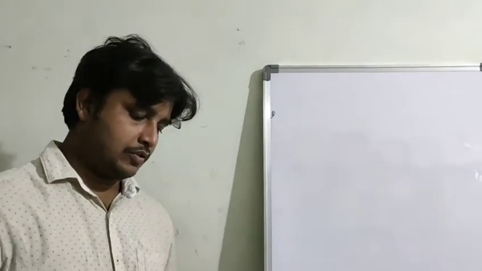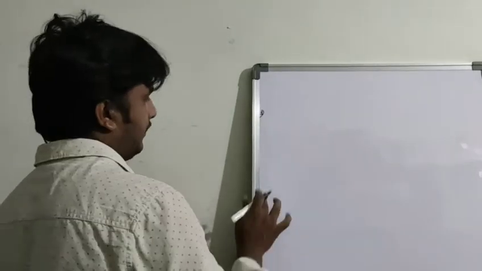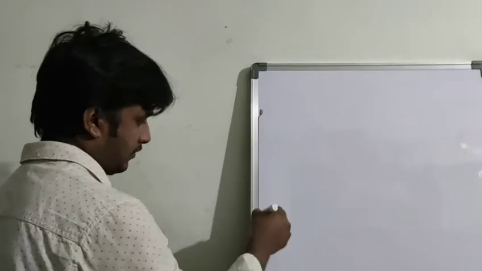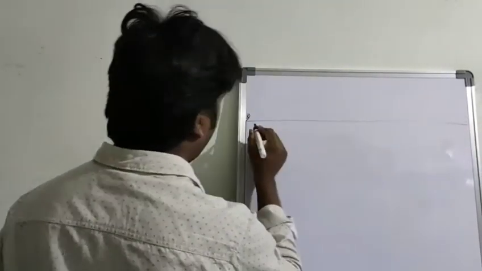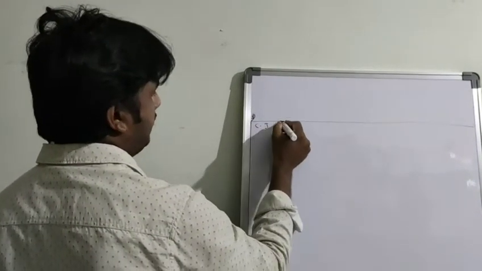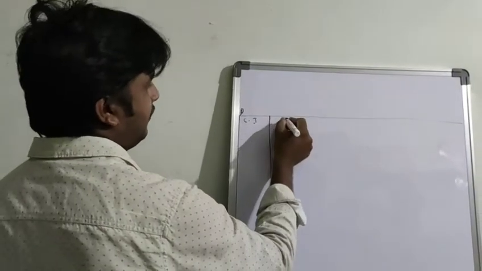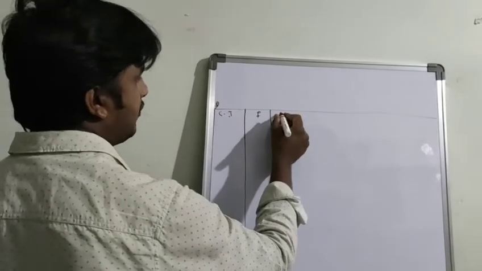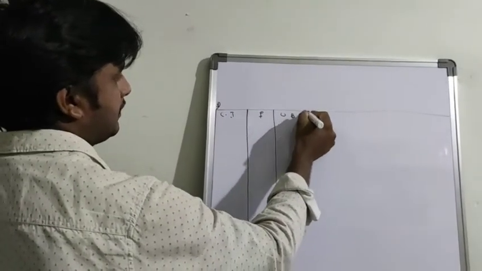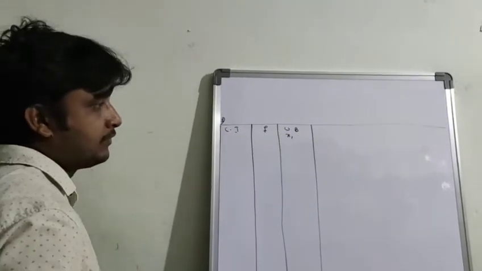Okay. So the table here is class interval, frequencies. Two verticals we are writing, right? First of all, less than cumulative frequency, upper boundaries. This is x1 I am taking.